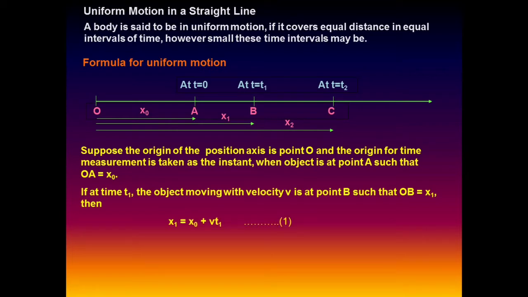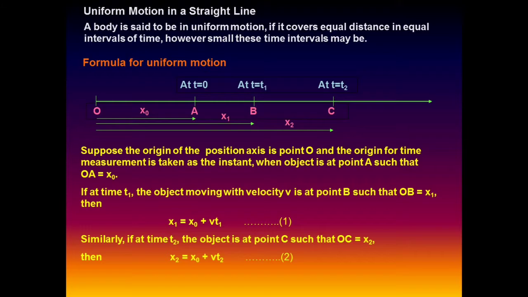Now the displacement by time period, we know that is the velocity. So x1 is equal to x0 plus vt1, right? Now the same way, if at time t equal to t2 the object is at point C, then OC which is equal to x2 we said, right? Then x2 is equal to x0 plus vt2, right?